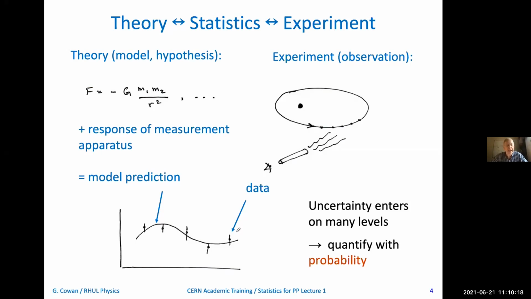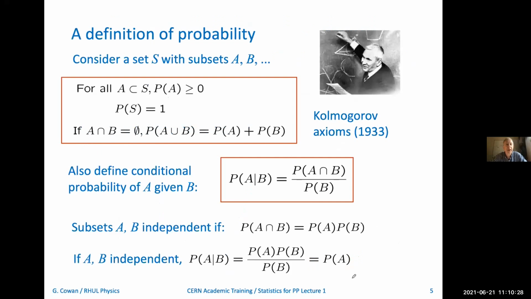And so the whole idea is to try to quantify that uncertainty and to incorporate it into the analysis using probability. All right, so that's the next step, is I want to define probability. Now, probability actually has a really interesting history going back, I suppose even prehistoric people must have had some intuitive notion of probability, but the mathematical formulation was in, I believe, the 17th century in the context of gambling.